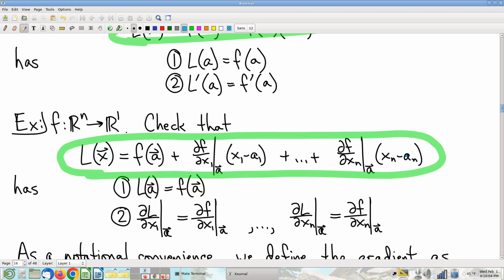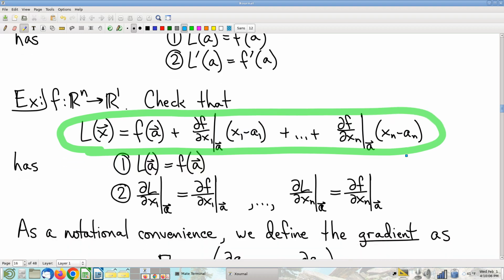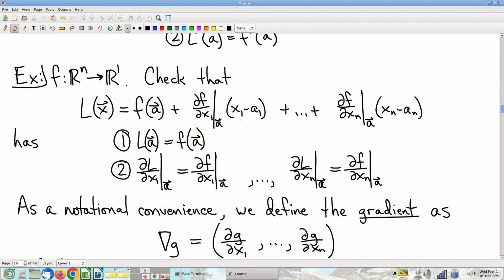Now where it gets a little delicate, I claim that the x1 partial of L is the same as the x1 partial of F at the point A. And real quick, a notational thing, and you might not have seen this before, but this is just notation.